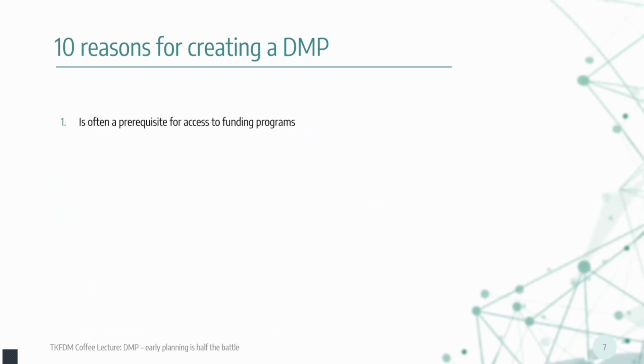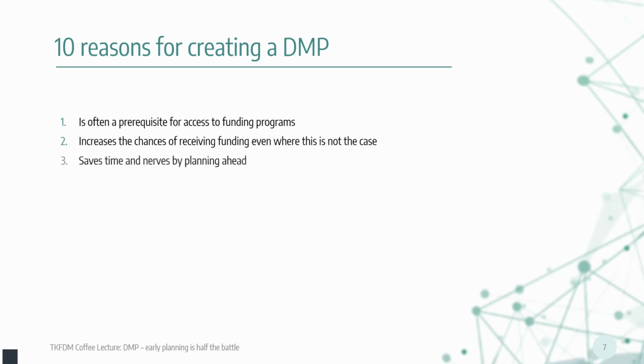So the first one is a data management plan is often a prerequisite for access to funding programs. As you've seen, a number of funders do require it, and it does increase the chances of receiving funding even where it's not required. It saves time and nerves by planning ahead, and it improves the understanding of your own data that you have, by yourself and also group members and third parties.